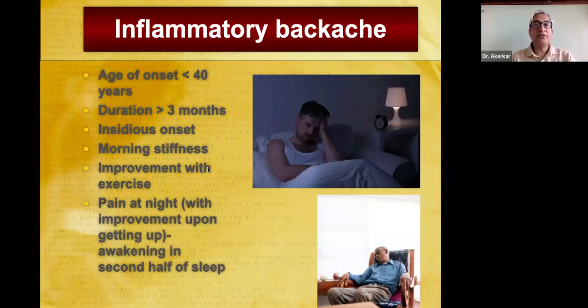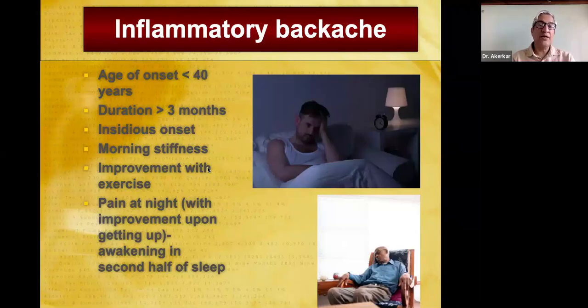When a person goes to sleep, because there is no movement, the blood circulation in the local SI joint area, the entire back, goes down. Because the blood circulation goes down, the cytokines that are generated get pent up locally in the circulation. So this is what causes a lot of pain and stiffness early in the morning, because these cytokines keep getting pent up in the local circulation and they cause pain.